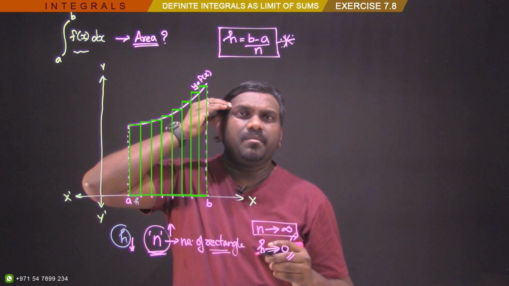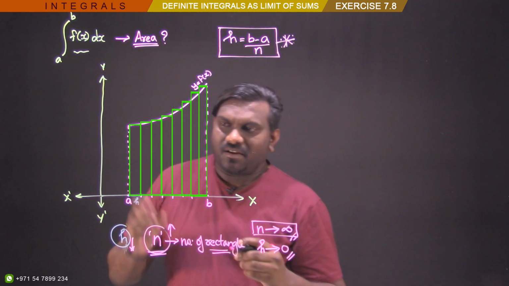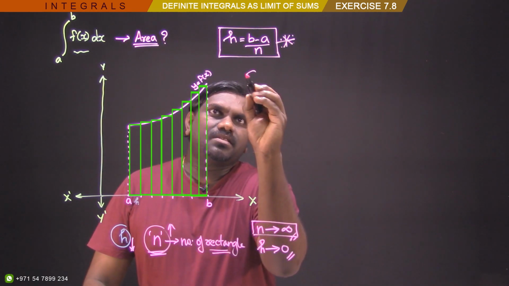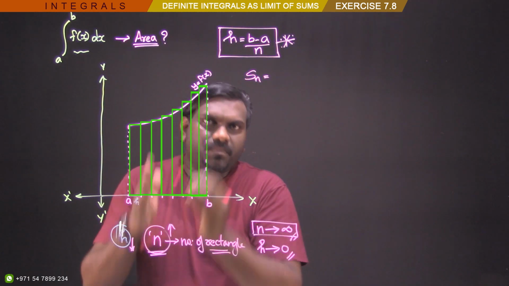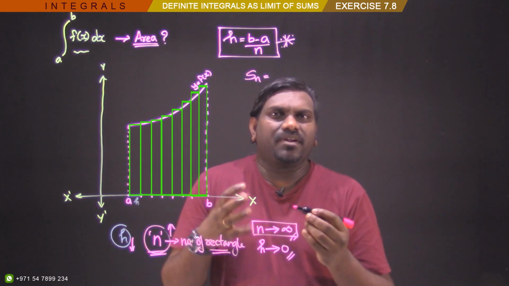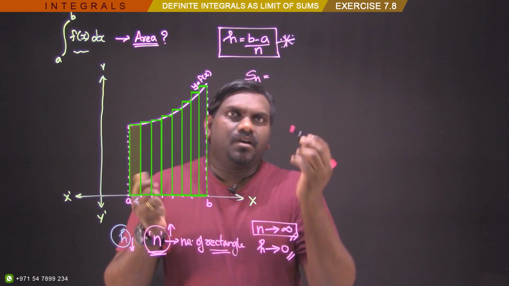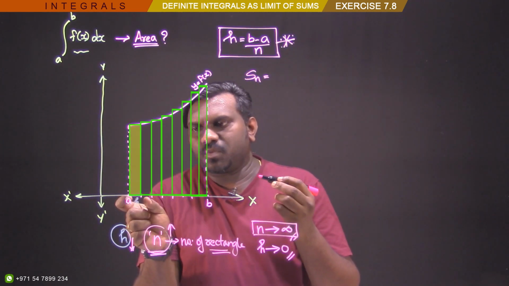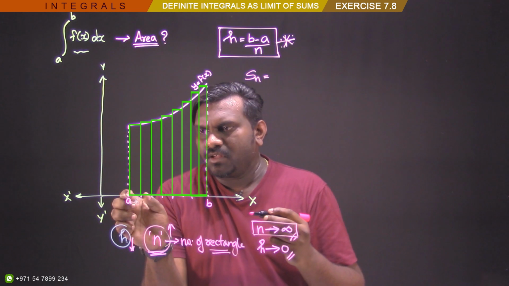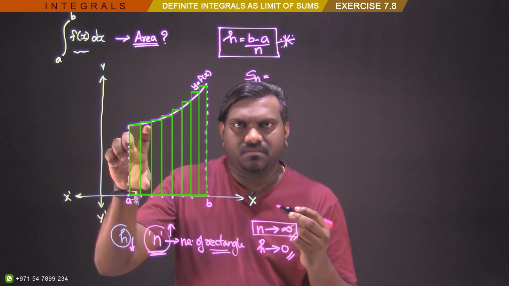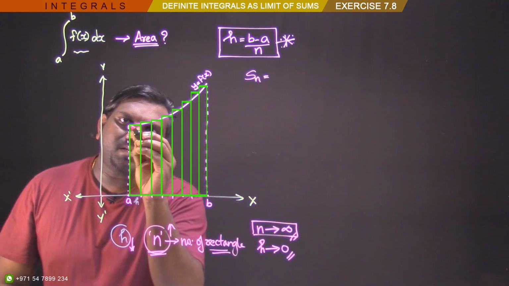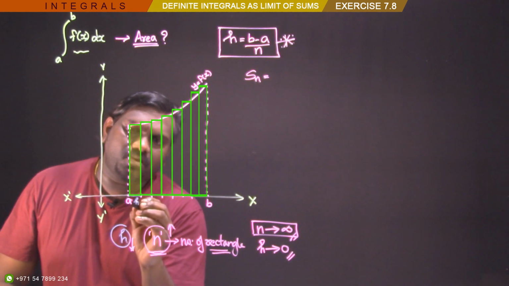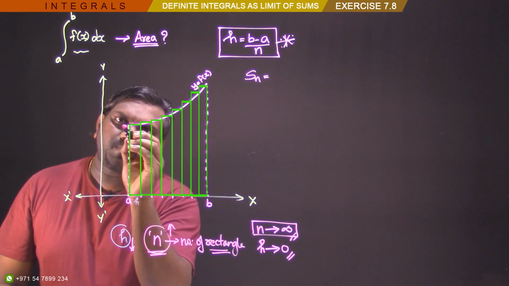Now our job is very easy, dear. What are we up to now? To find the rectangle areas. Let's see one by one. If I say the summation of this particular rectangle, how I will write it is, the first one, obviously you know, length into breadth, L into B. This one into this height, right? The height I will take is this one. So this is A. What is this point, dear?